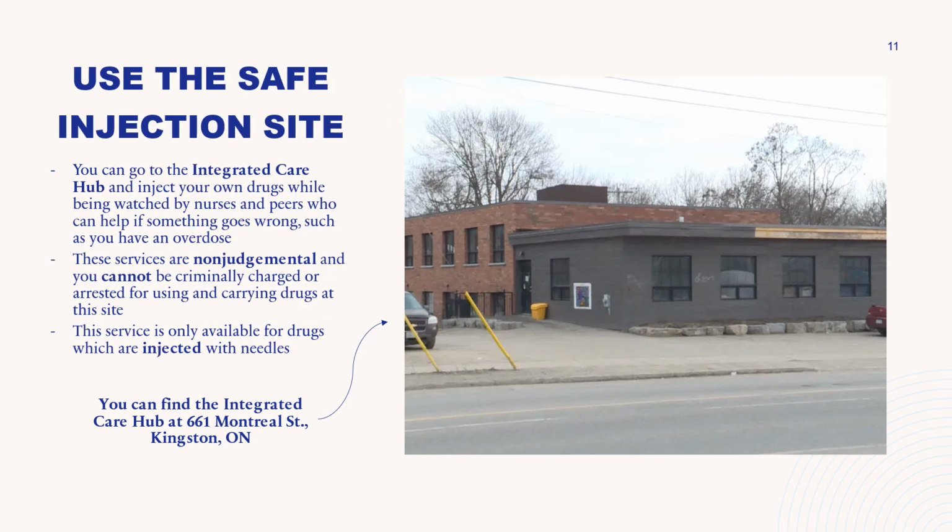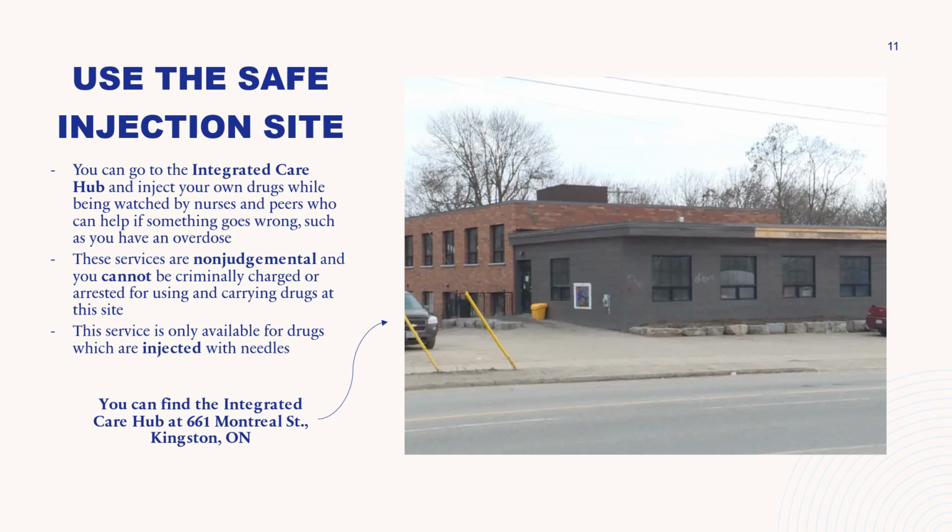Another great resource that we have here in Kingston as well, also at the Integrated Care Hub site, at 661 Montreal Street in Kingston, we have a safe injection site. So if you're using drugs from your own supply that are drugs that are injected, so not drugs that are inhaled or smoked, you can use them at the site in a specific safe consumption spot, where you are able to be supervised by peers and by medical professionals.